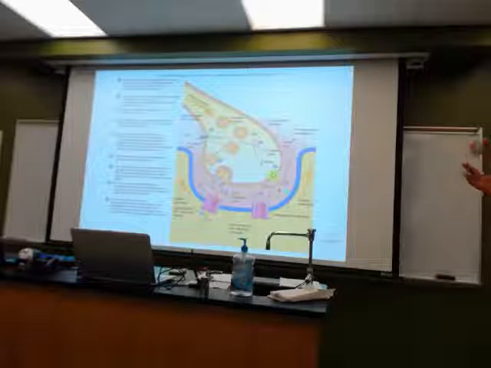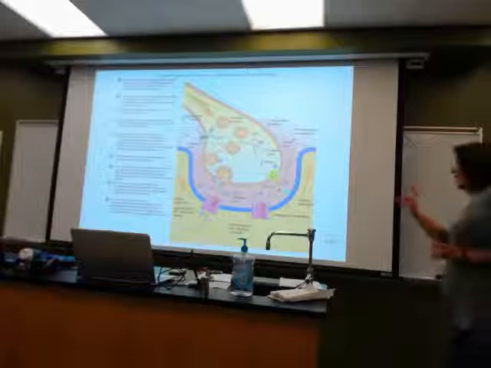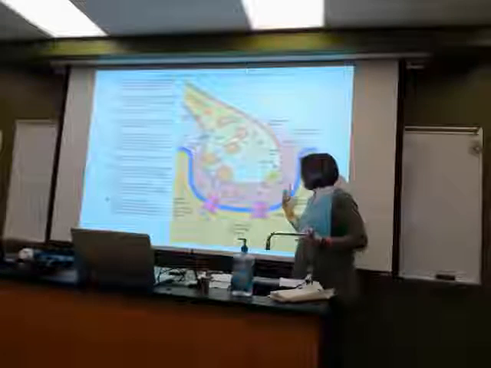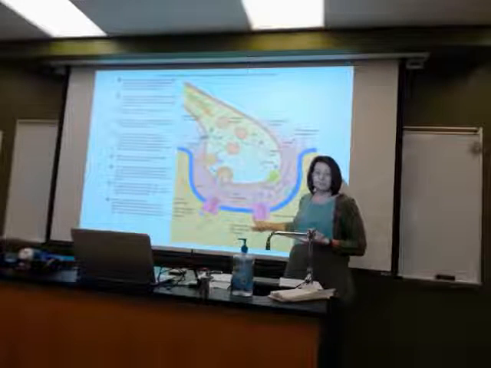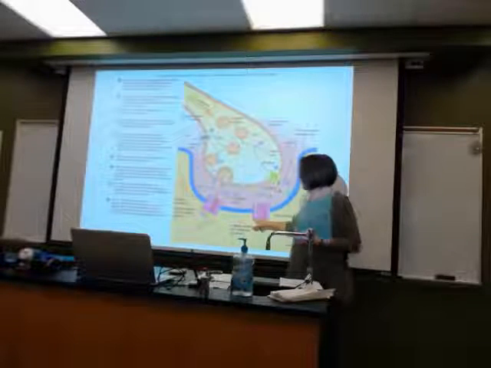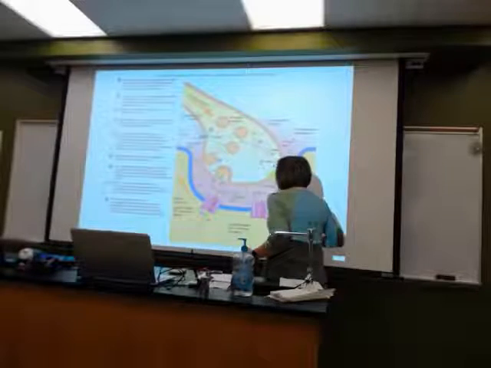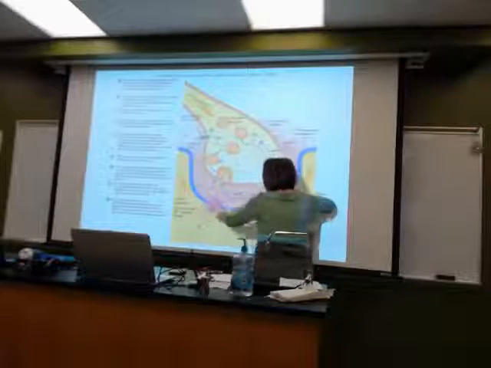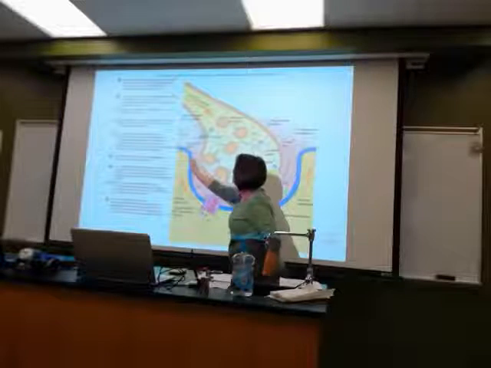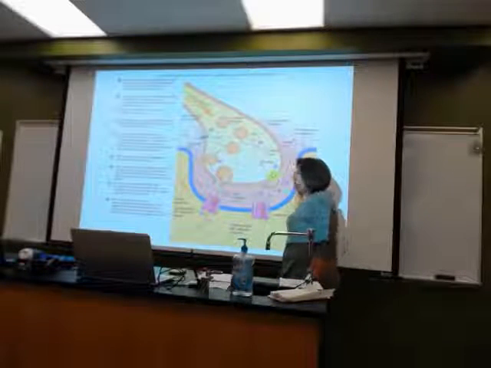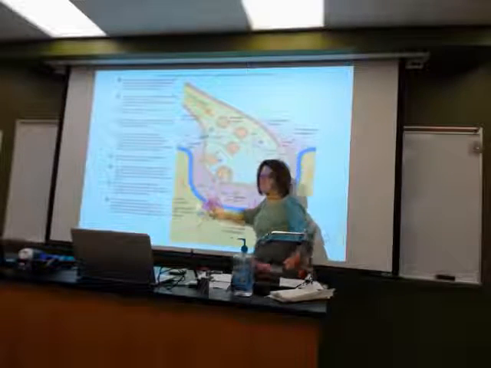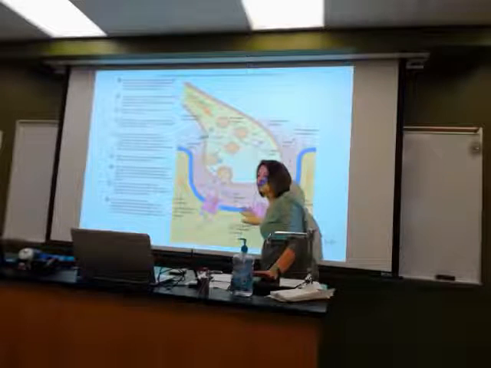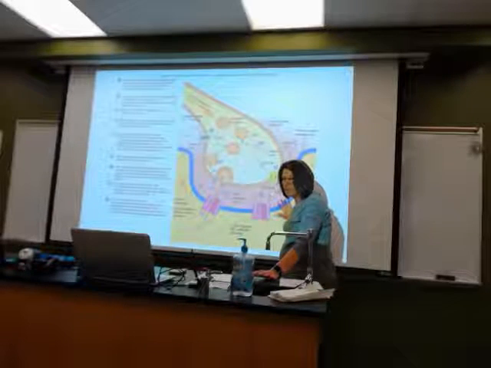Now, hopefully you remember at this point that we're looking at a ligand-gated channel. If we look at the area where the nerve meets that muscle fiber, there are tons of these ligand-gated channels at this area.